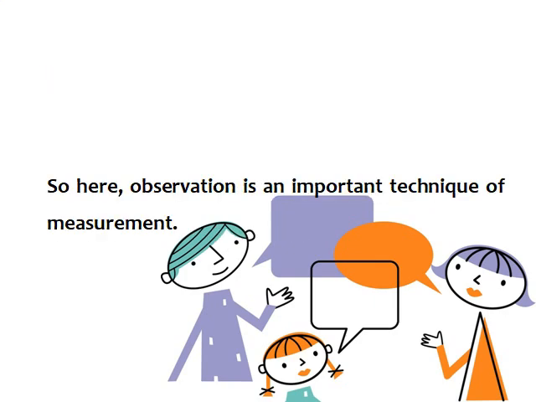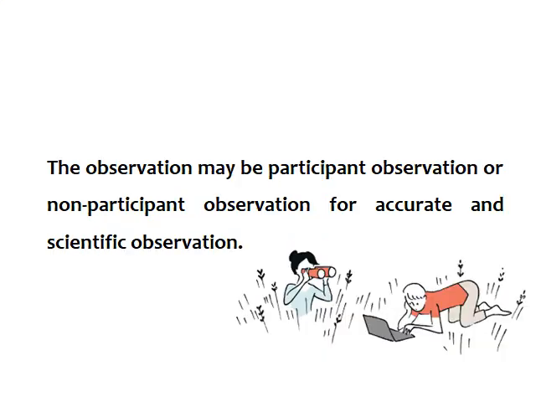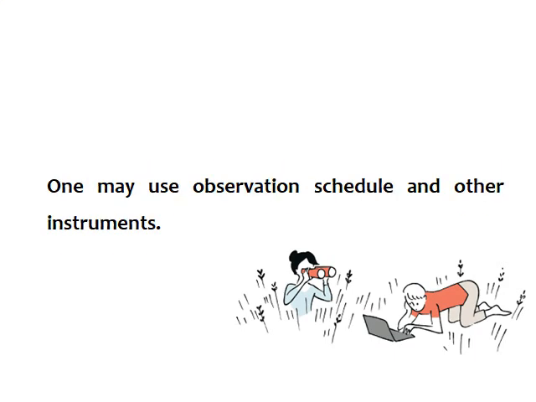So here, observation is an important technique of measurement. The observation may be participant observation or non-participant observation. For accurate and scientific observation, one may use observation schedule and other instruments.